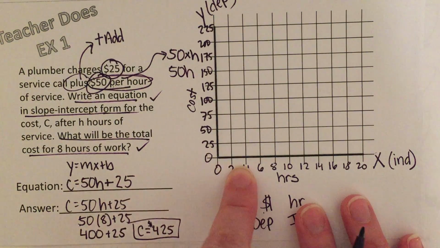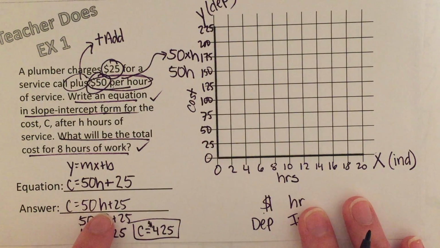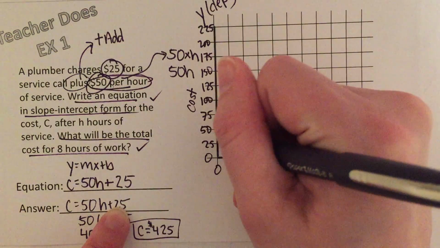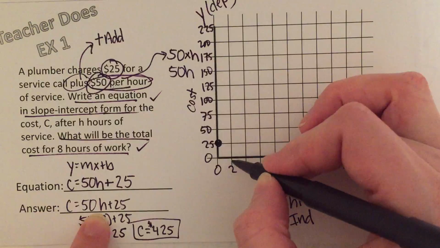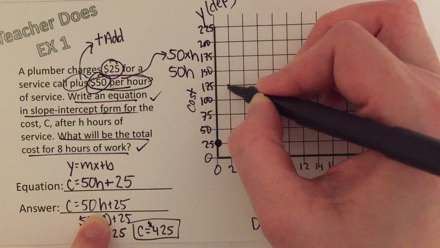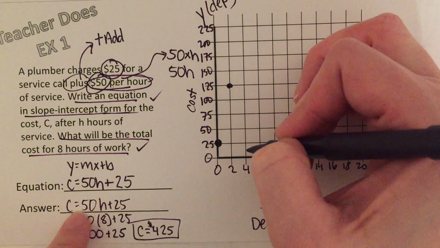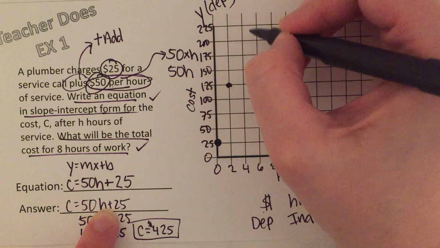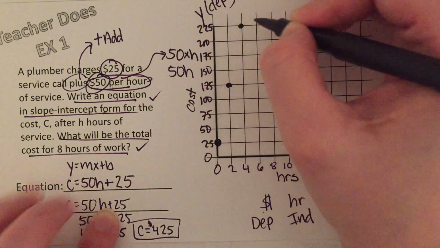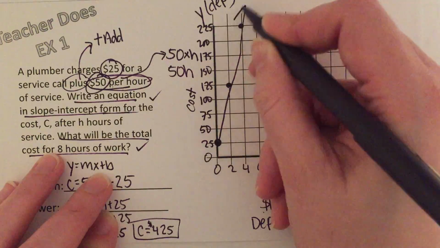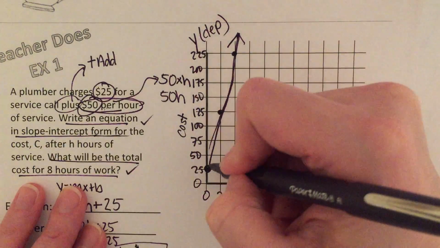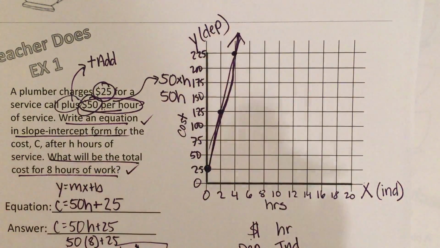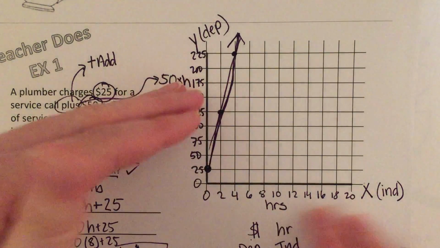So at 0, if I put 0 in for h, 50 times 0 plus 25, it's going to start 25. 50 times 2 is 100 plus 25, 125. 50 times 4 is 200 plus 25. And sometimes, guys, you're going to get graphs that go off or they end kind of suddenly, and that's okay as long as I can see that you've got this part correct.